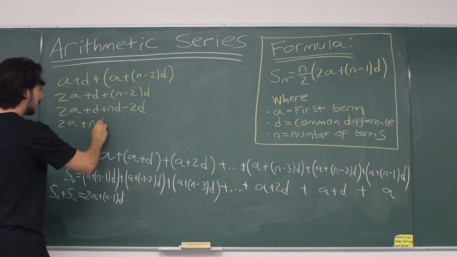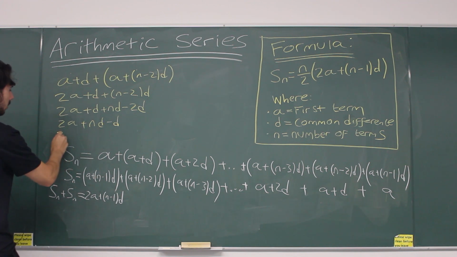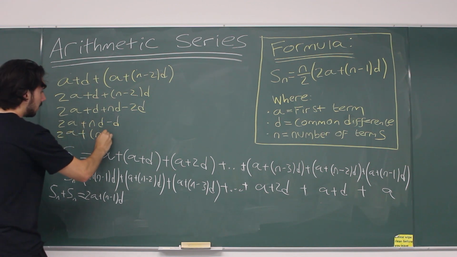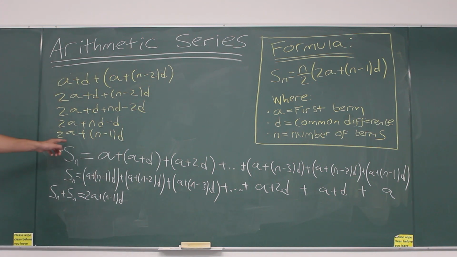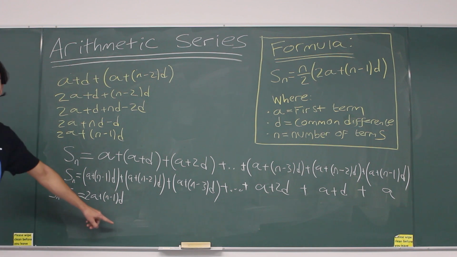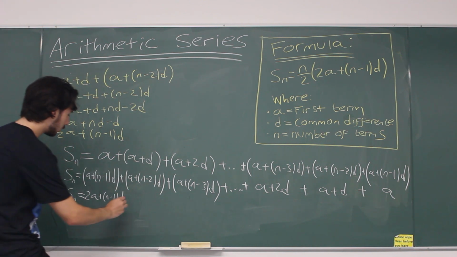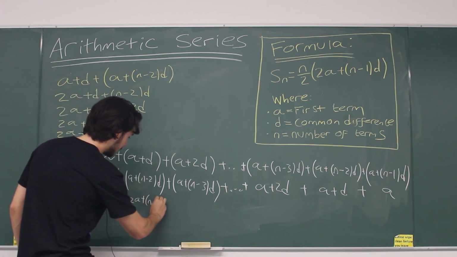So plus nd minus d. And then we can factor the d out. So we have 2a plus (n minus 1)d. Oh, hold on. It's the same. It's 2a plus (n minus 1)d again. That's crazy. So the sum of these two terms is also 2a plus (n minus 1)d.